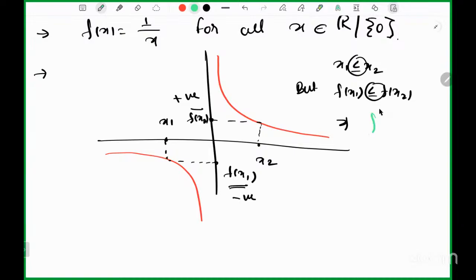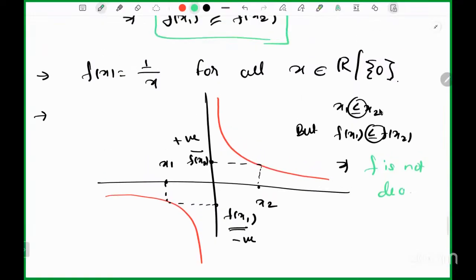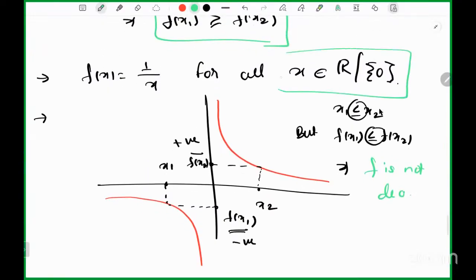And we have to see both the graphs, the first quadrant and the third quadrant together. We have to see because they have said that x is not equal to 0 only. You have to take all real numbers not equal to 0, so you have to consider the negative real numbers too. If you consider only positive, it will become decreasing.